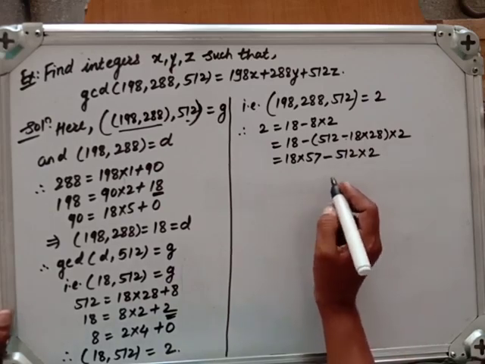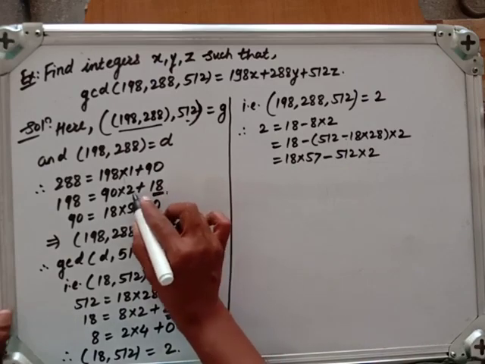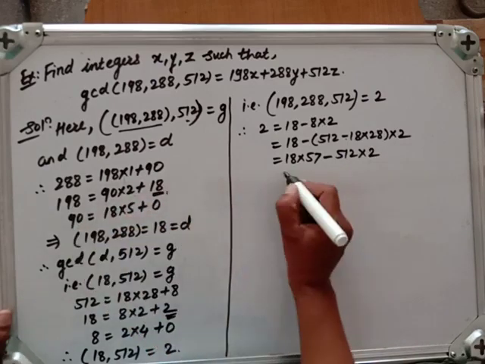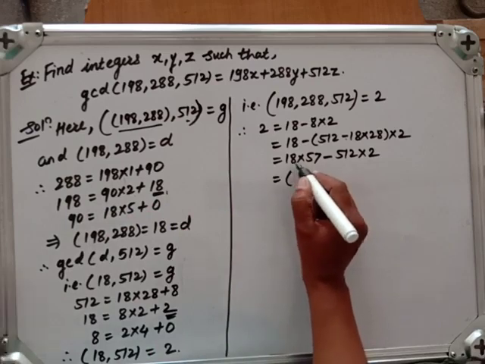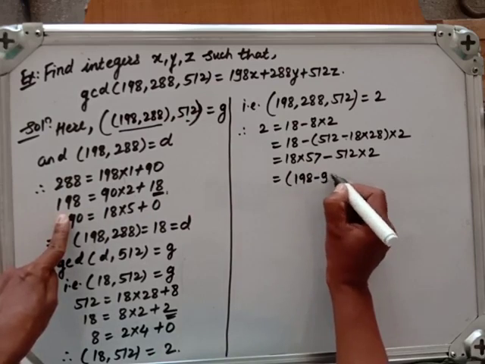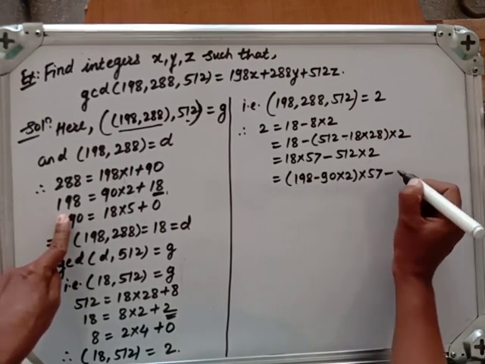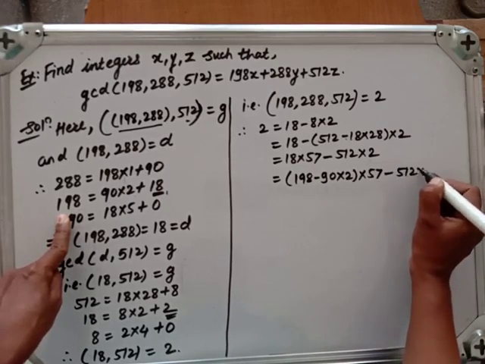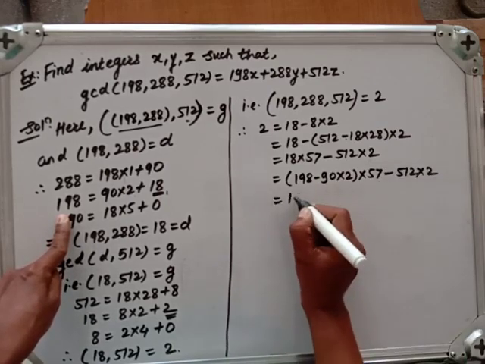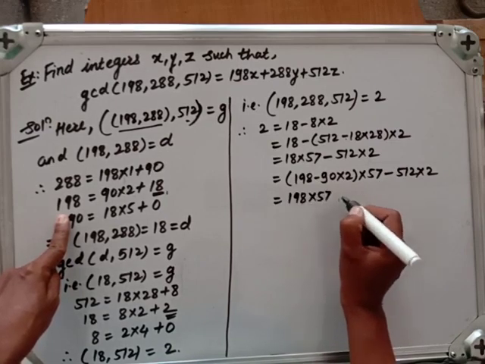Now for 18, from this equation we can put the value: 18 is 198 minus 90 into 2, into 57, minus 512 into 2.